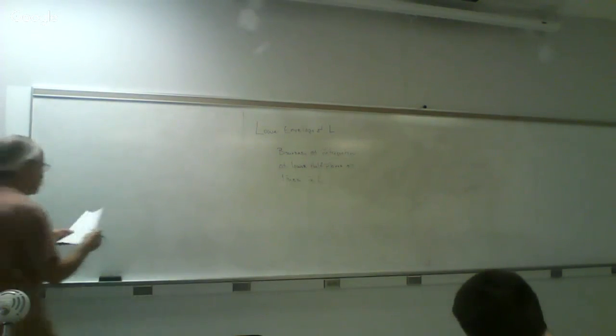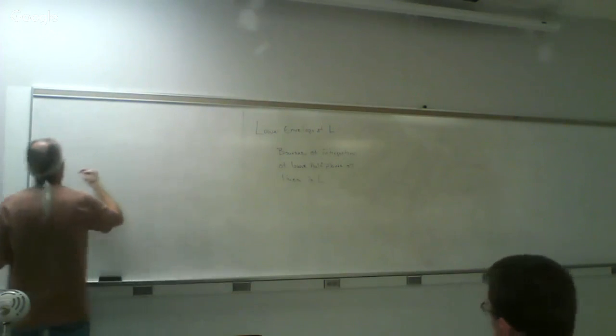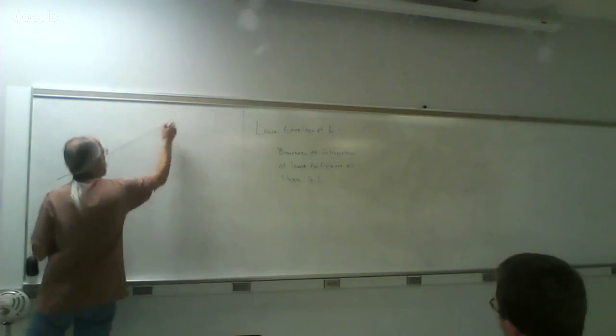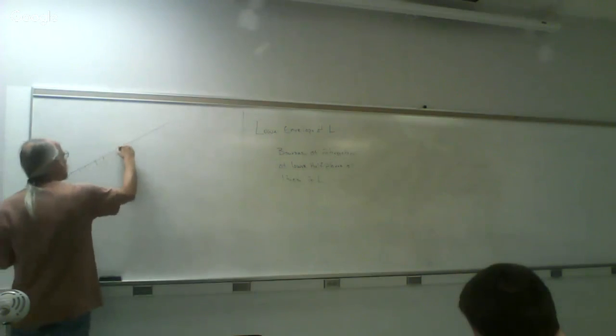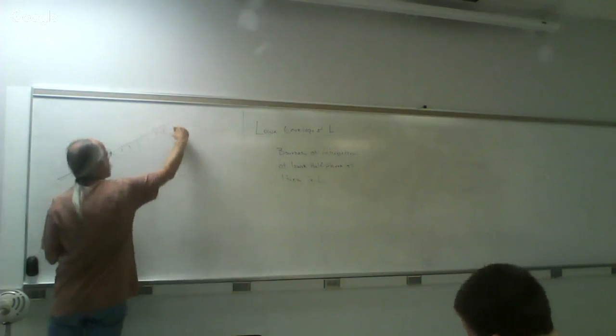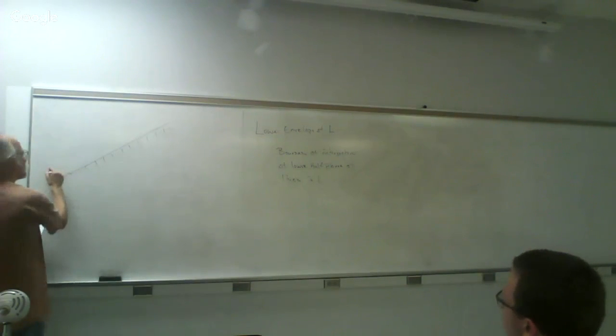So here's my picture. Here's what I have: four lines. So here's a line, and here's its lower half plane, and it gets really messy to try to draw stuff like this on the board. But there's a line and its lower half plane, and here's another line.